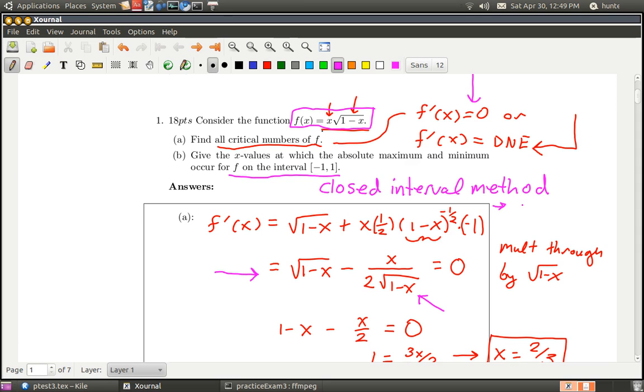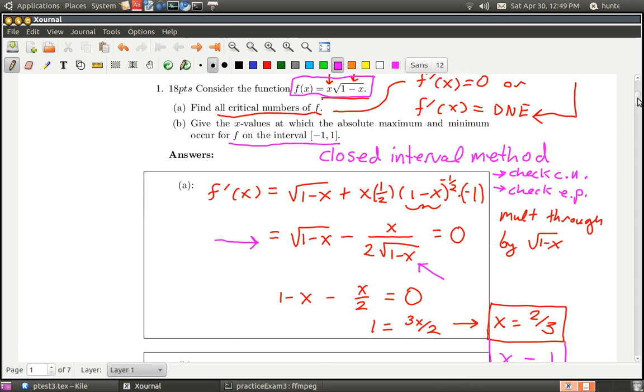So we'll just find the values of the function at the critical numbers. So check critical numbers, and we'll also check endpoints. Okay, so when I say check, what I really mean is evaluate the function at those points.